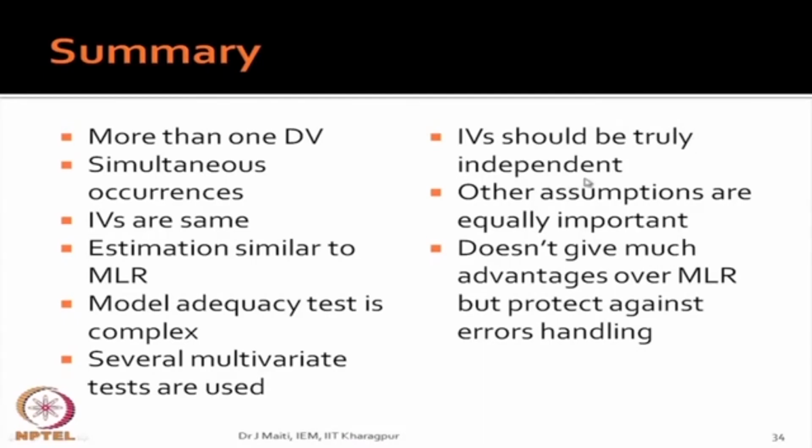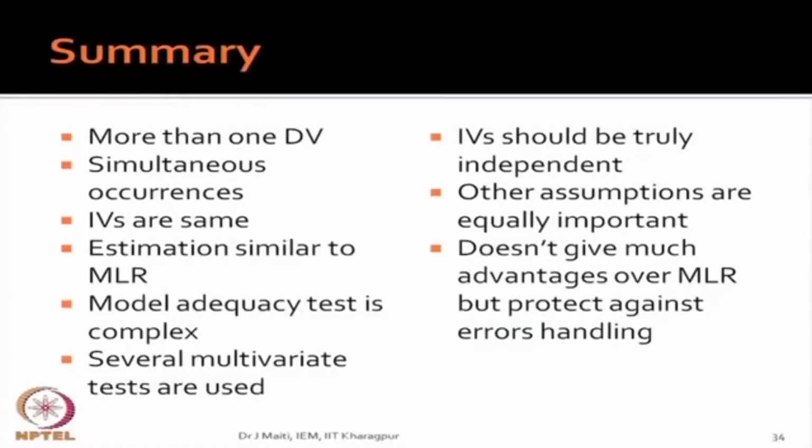The IVs should be truly independent. Other assumptions are also equally important. It does not give much advantage over MLR, but it protects against error handling. If you go separately for regression, from the estimation point of view, no problem, but from the adequacy test point of view there will be a problem if you go for separate MLRs. So this is the advantage.